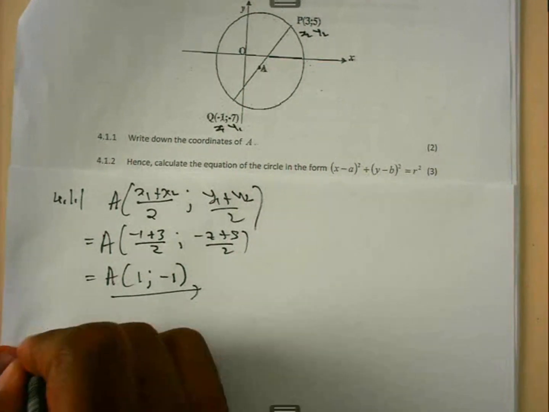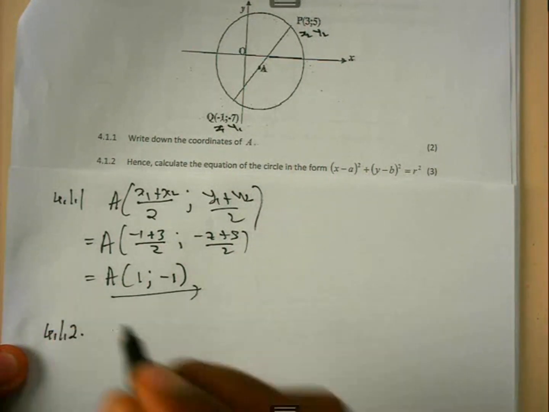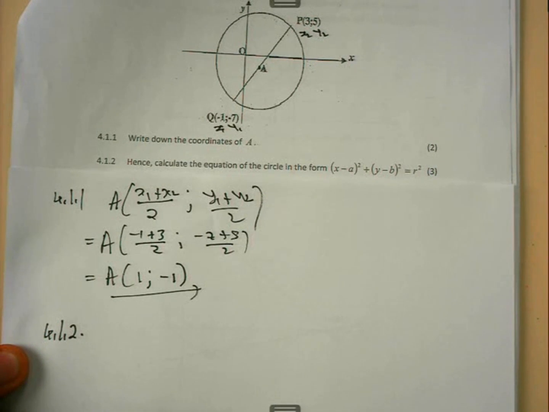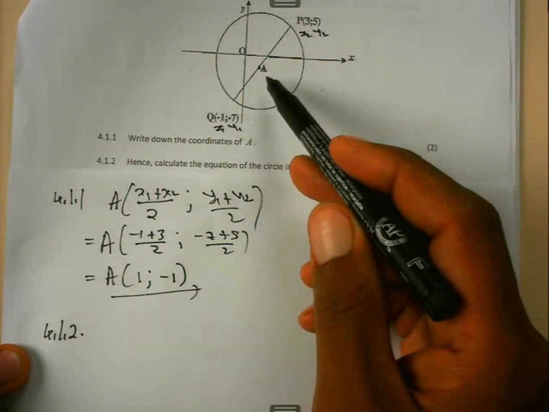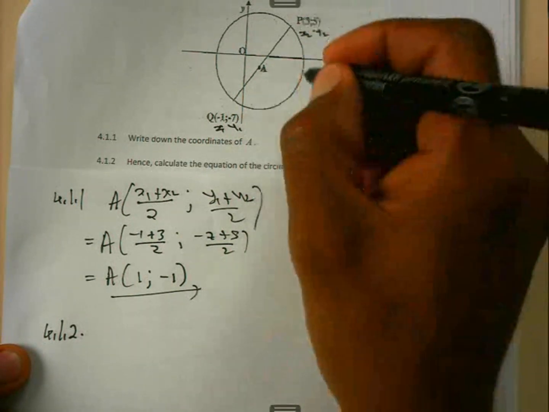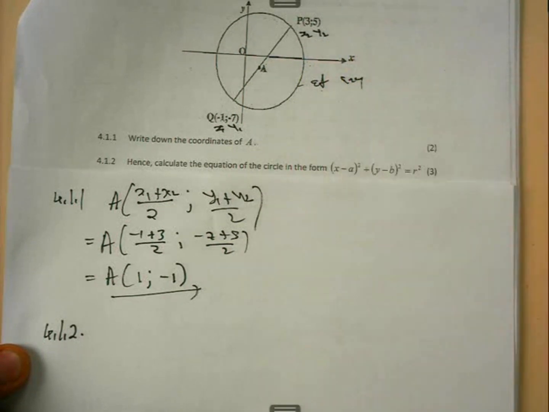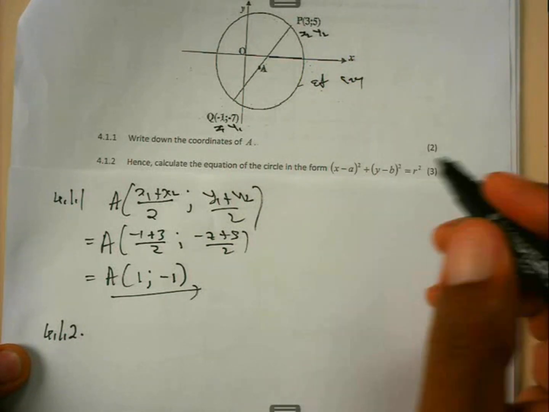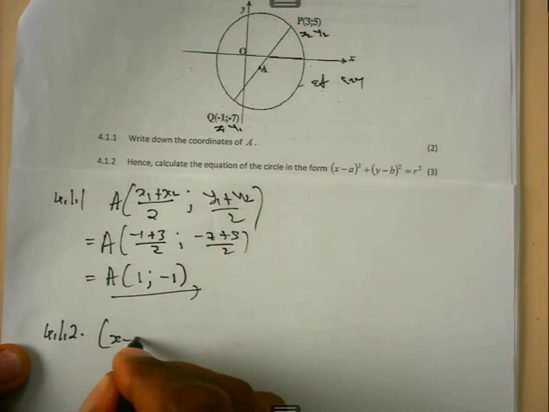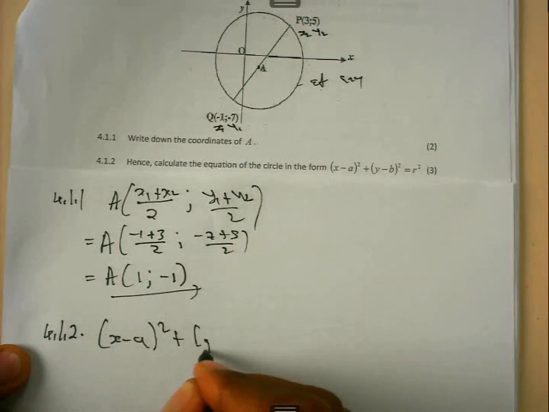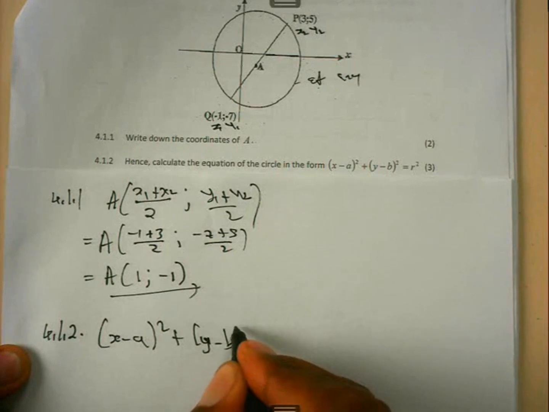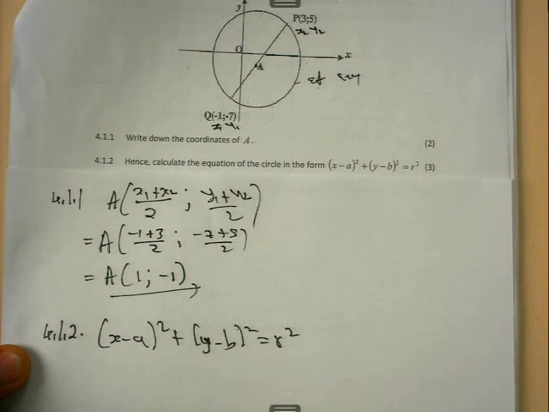Now, what about 4.1.2? Hence, calculate the equation of the circle in the form (x - a)² + (y - b)² = r². Because A is the center, we are going to use (x - a)² + (y - b)² = r².